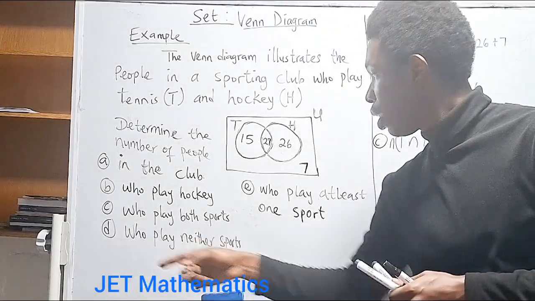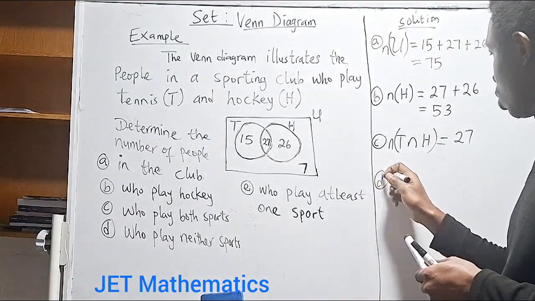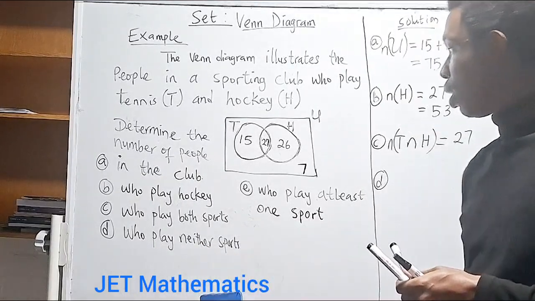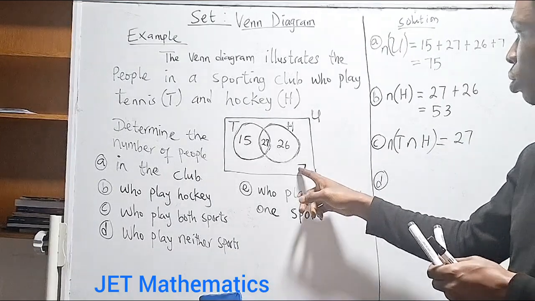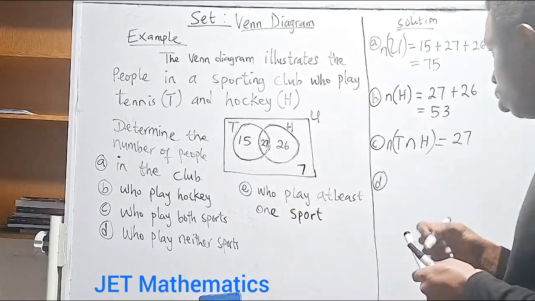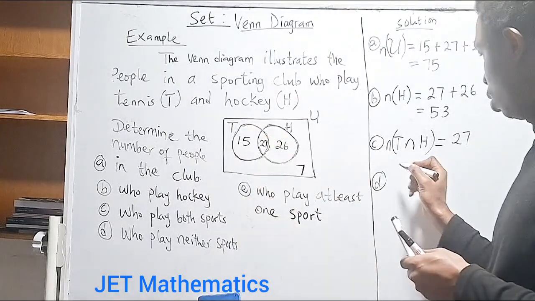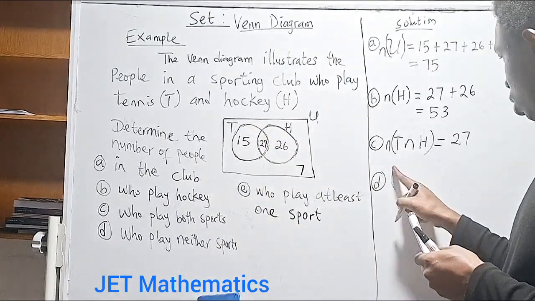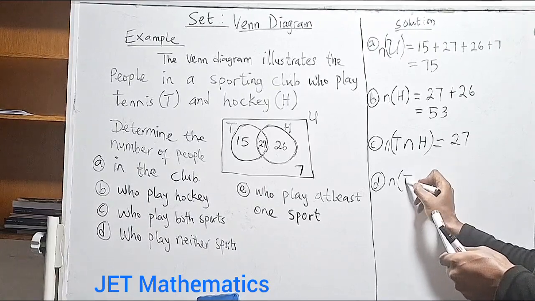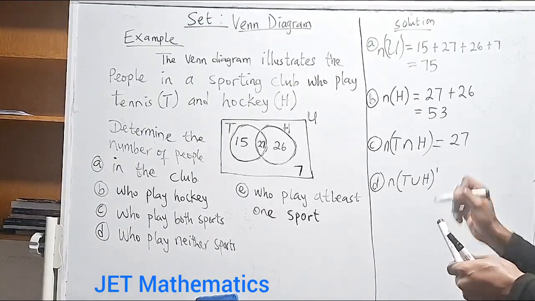Then the next there is D, the number of people who play neither sport. So those are the people here. They are neither sport. So they are not in the set T union H, complement.